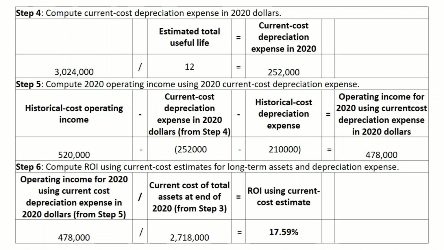According to our example, it is 478,000 divided by 2,718,000, which equals 17.59%.